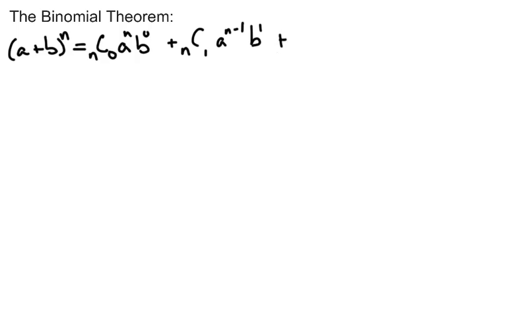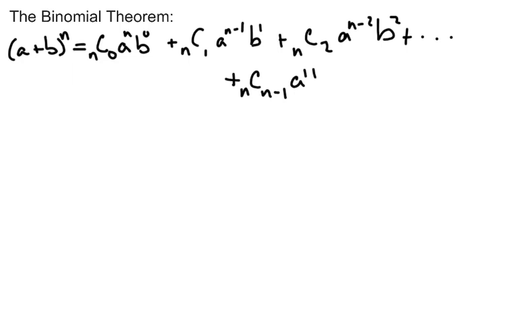For the next term, n choose 2. a gets reduced again, and b is now up to 2. And this is going to keep going all the way down to n choose n minus 1, and then be a to the first, b to the n minus 1, and n choose n, a to the 0, b to the n.